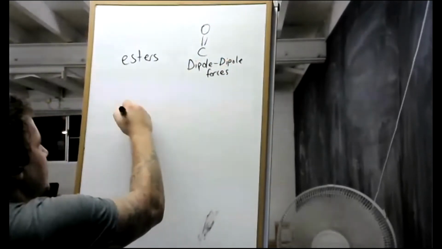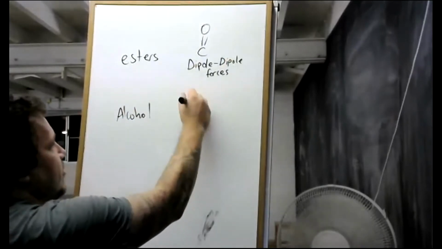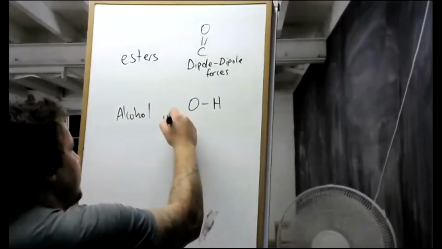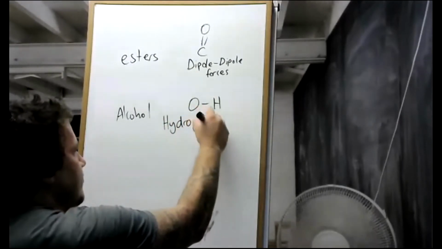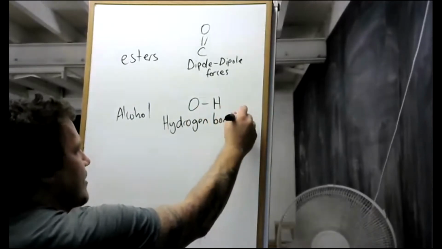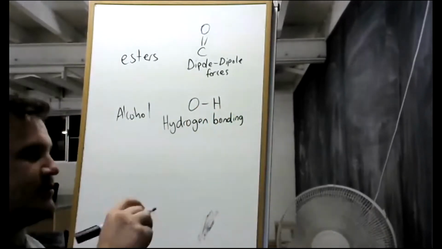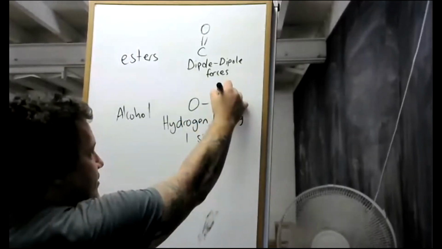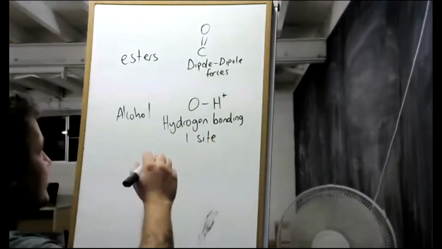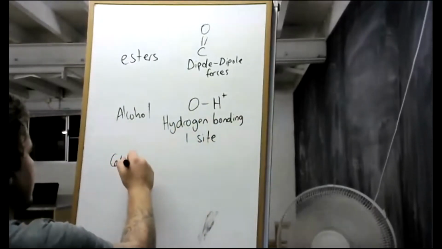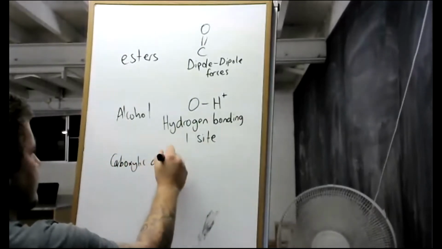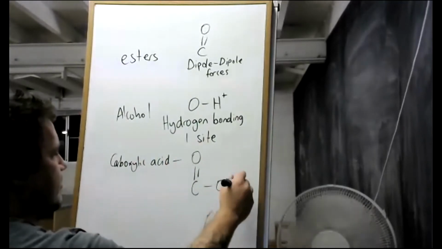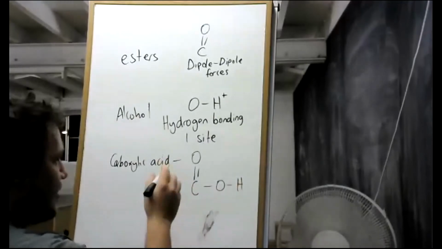If we look at an alcohol, we've got an oxygen to hydrogen single bond. So we have hydrogen bond. And as Kai has alluded to, there's a single site for hydrogen bond. On the end of this hydrogen is where you get bonding. A carboxylic acid has two hydrogen bonding as well.